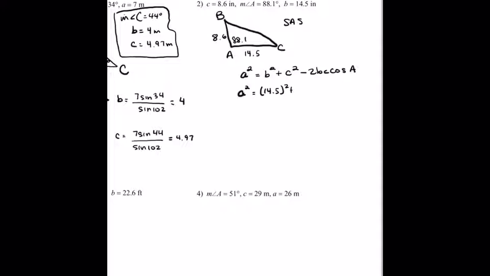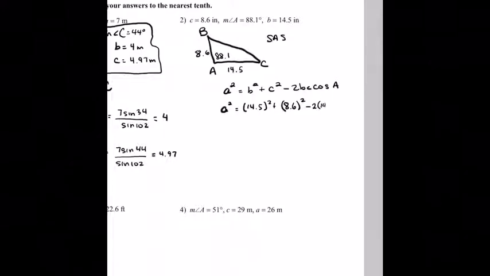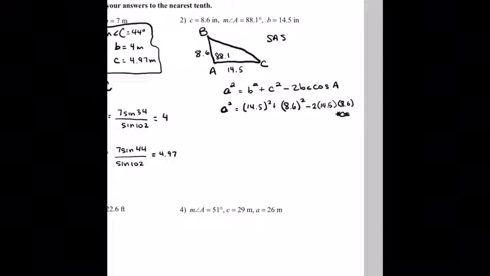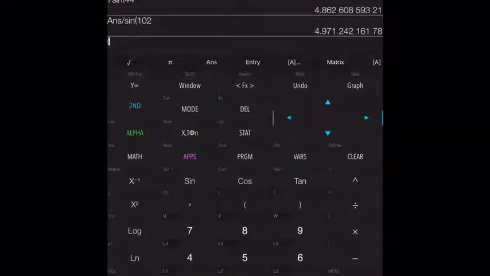So this is 14.5 squared plus 8.6 squared minus 2 times 14.5 times 8.6 times the cosine of 88.1.